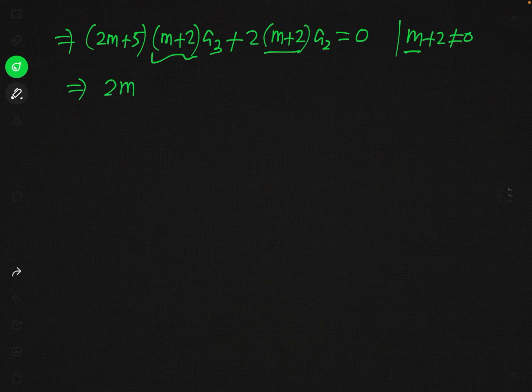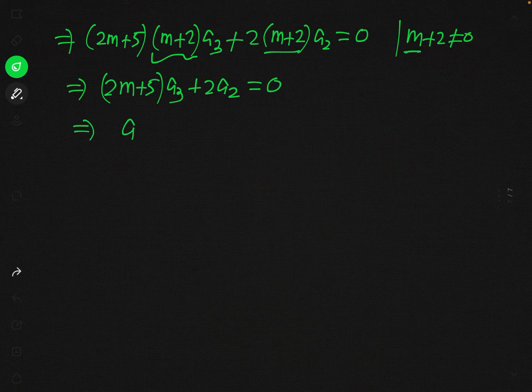So if it is not 0, then what will be 0? Actually then 2m plus 5 into a3 and minus 2a2, that will be equal to 0. Sorry, not minus but plus.